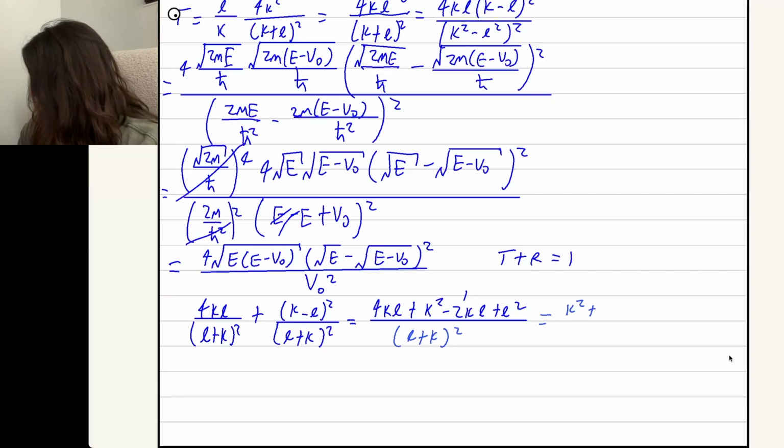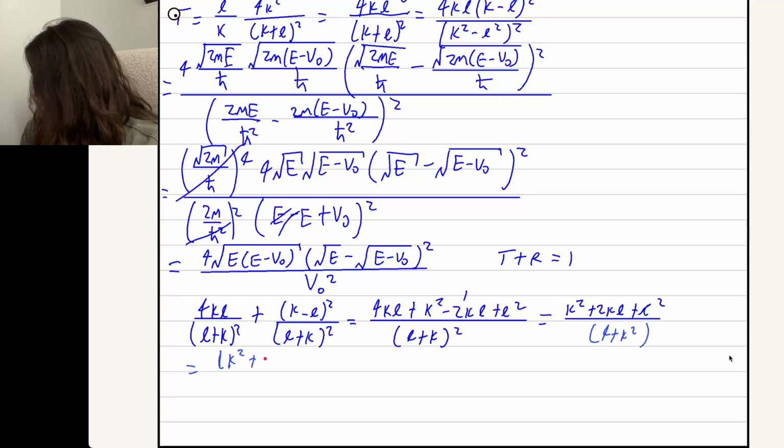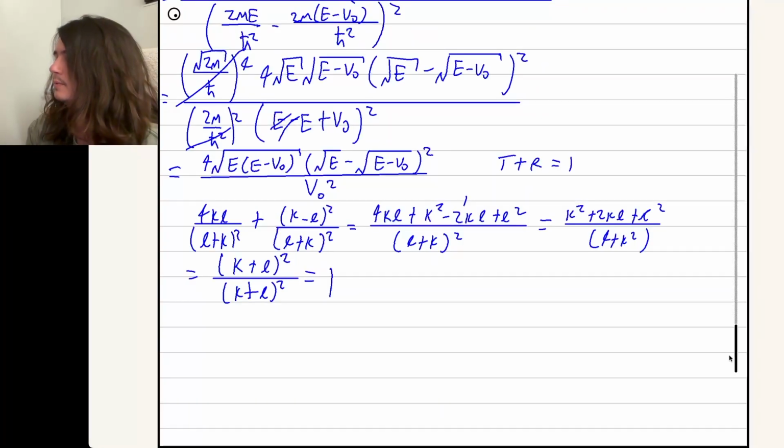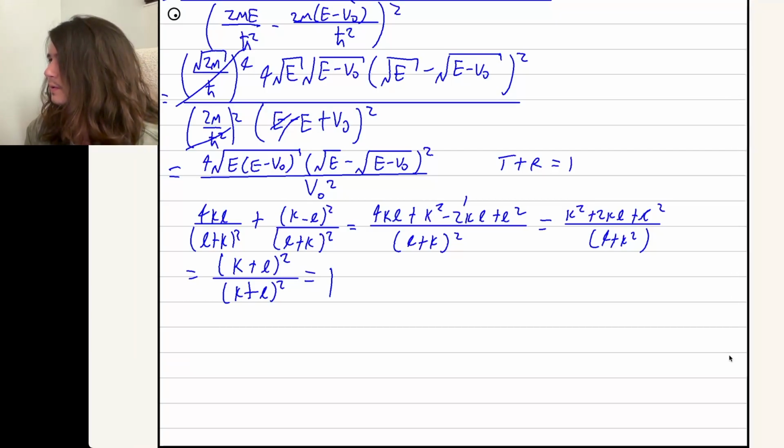So it's K squared plus 2KL plus L squared over L plus K squared. And then we can factor the top line. It is just K plus L squared on the top, and then this is K plus L squared on the bottom, so they cancel out, so you get 1 for the T plus R. So we're all good with our answers there.